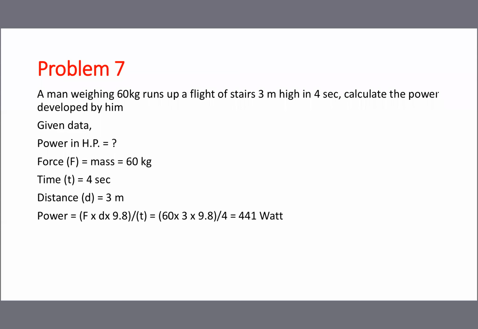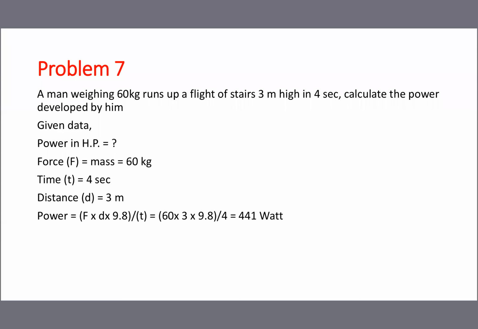Then go to problem number 7. A man weighing 60 kg runs up a flight of stairs 3 meters high in 4 seconds. A flight here means stairs. For climbing into the flight, some stairs are provided, no?